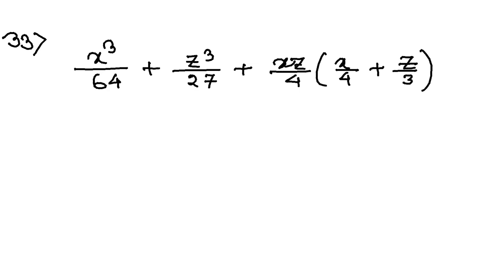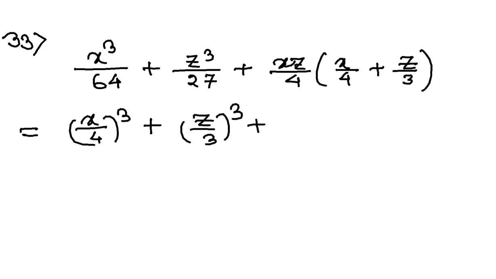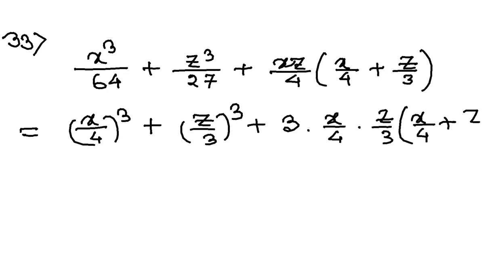Alright, so this is question number 33, slightly different. So this can be written as x by 4 whole cube plus z by 3 whole cube. Alright, after that this is 3 into a into b into a plus b, because if you evaluate this part, 3 and 3 will be cancelled, you will have xz by 4.